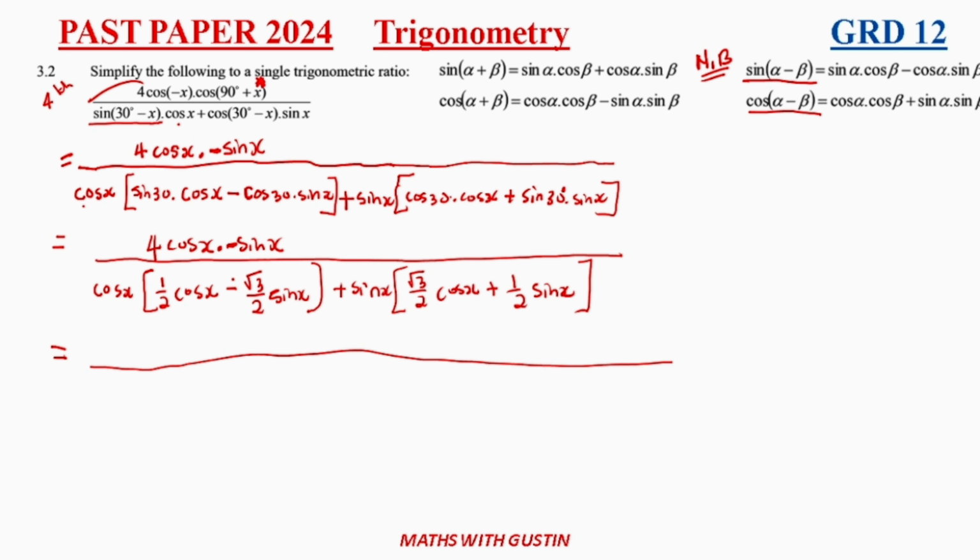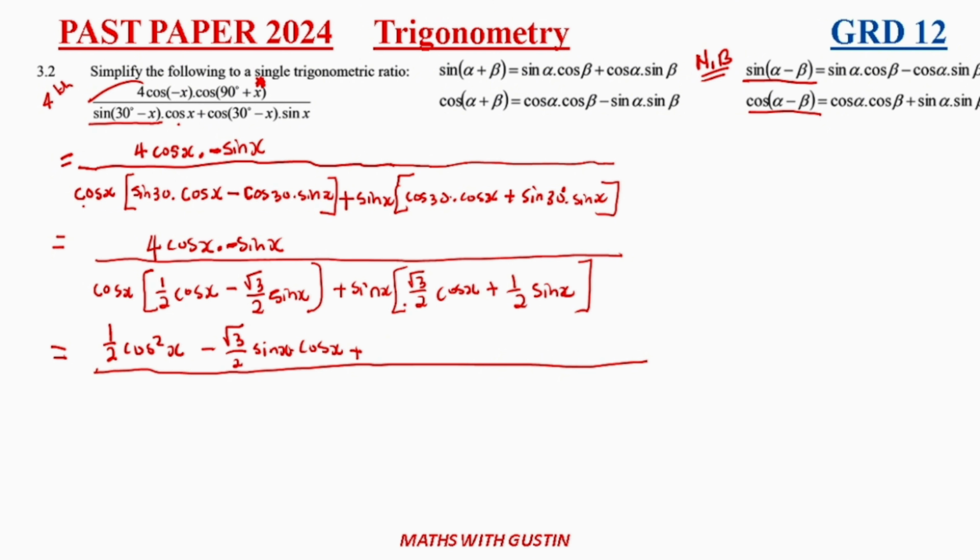Ooh, my line is not straight, but it's fine. Okay, there you go. That's much better. Okay, so now we're removing the bracket here. Cos times cos is going to be half cos squared. There you go. Minus square root of 3 over 2 sine x, and then multiply by that cos there.